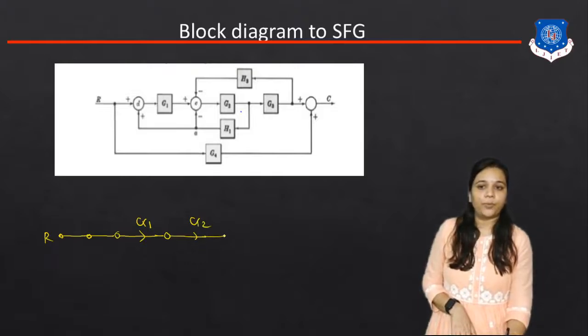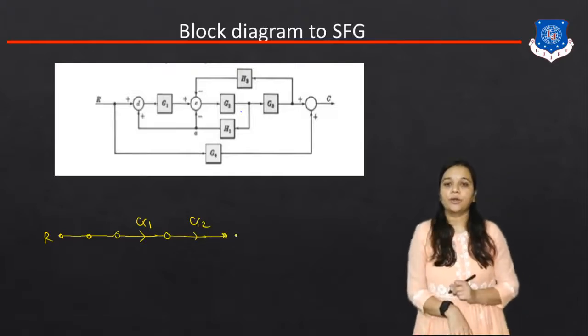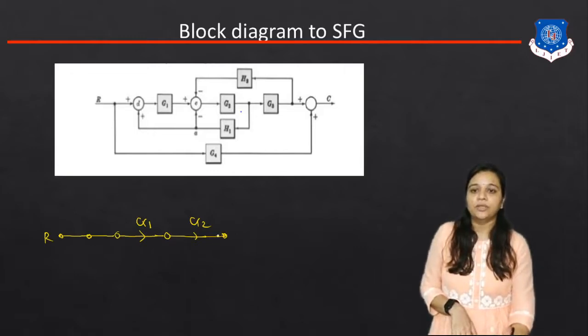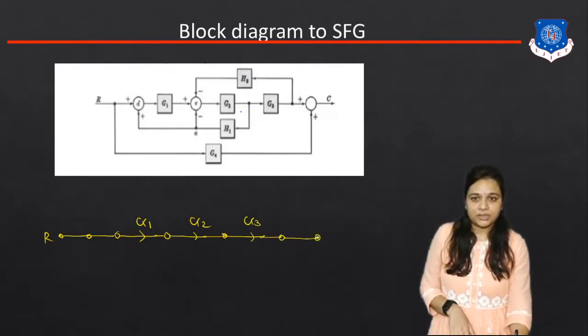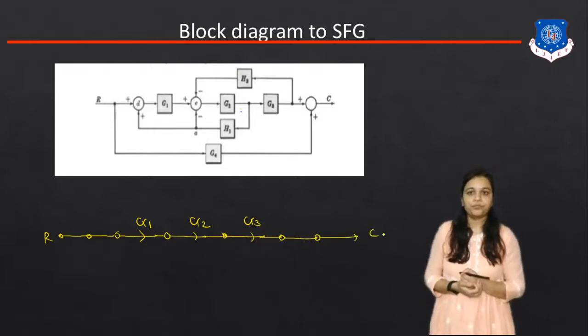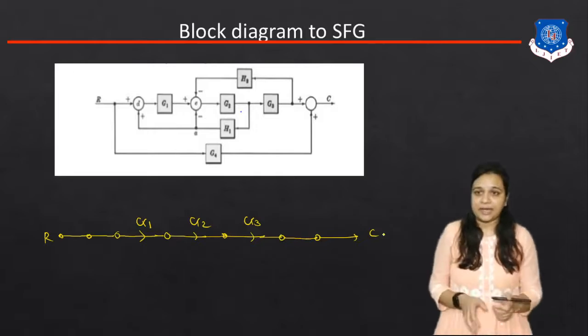After G2 a takeoff point is given, so you put a node. After G2, G3 is given, so this is my G3 branch. After G3 a takeoff point is given, the first node; the summing point is given, the second node; and the last one is the output. So this is the first line.